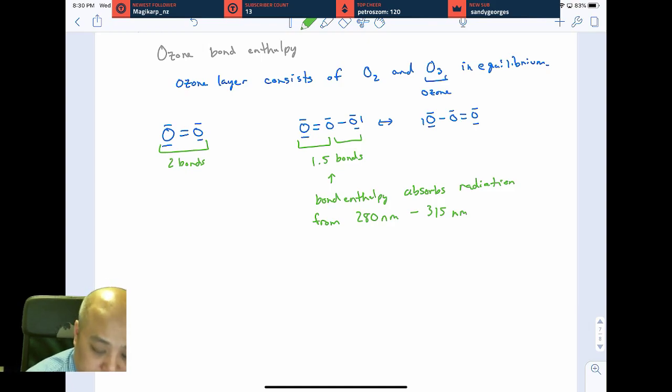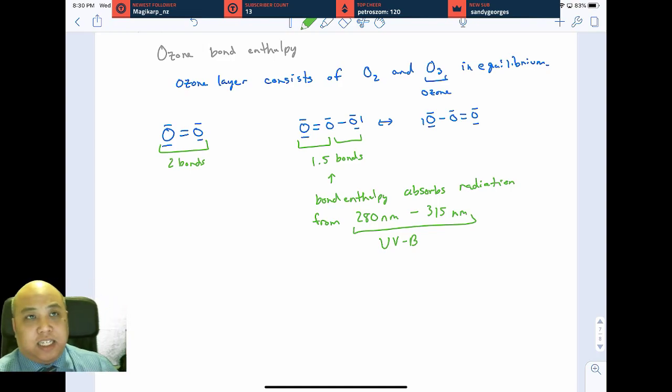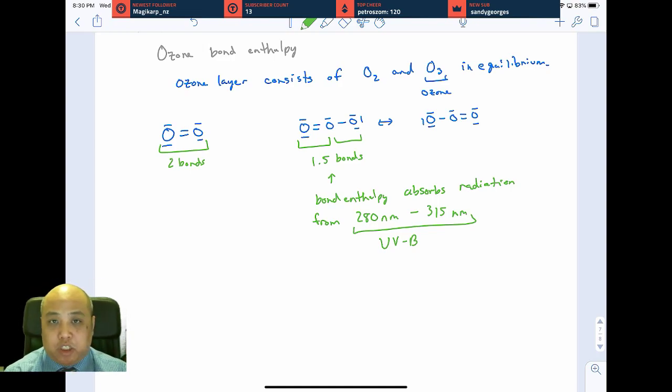This is considered UVB, and this is the second most dangerous UV radiation that can be emitted by the sun into the earth. UVC is the most dangerous, but there's no way that gets through the atmosphere, so it's all kind of reflected off of the top of the atmosphere, and you don't really have to worry about that.